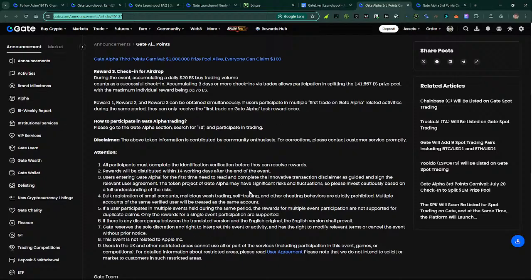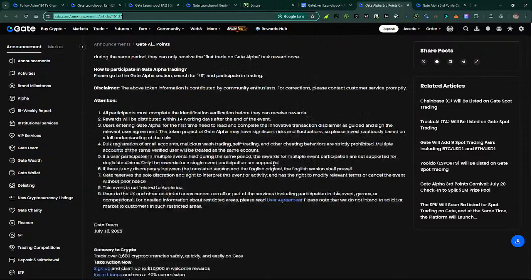And this event is not related to Apple Link. Users in the UK and other restricted locations cannot use all or part of their services, including participation in this event, game, or competition. For detailed information on restricted areas, please read the user agreement. Please note that we do not intend to solicit or market to customers in such restricted areas.